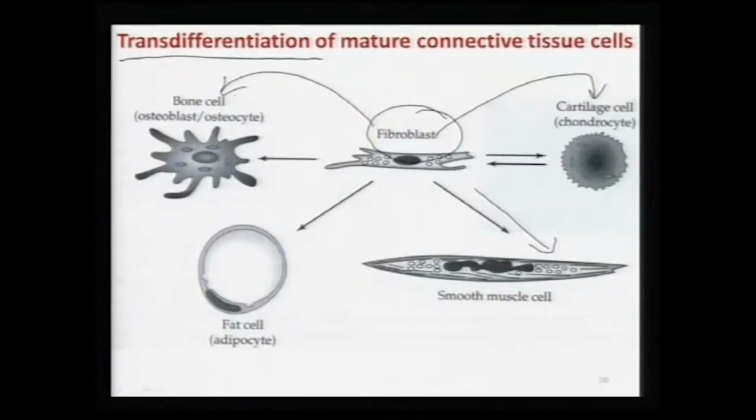The osteocyte is the most matured and differentiated cell type. So, what you can see here is a unique example where fibroblast cells can be differentiated into 2 or 3 different types of cells. In one case it forms a cartilage cell, chondrocyte cells, in another case it forms smooth muscle cells, in another case it forms a bone cell, that is the osteoblast cell. So, this is called the transdifferentiation case.